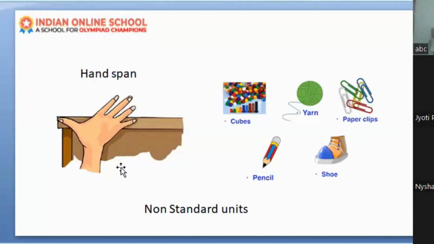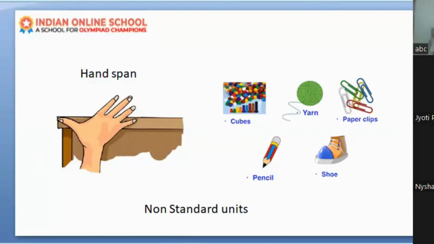Obviously, how come the people trust on this? Thirdly is what? It is inconvenient. How much time you will devote in measuring like this? So three things why non-standard unit we are not using now: not globally accepted, inconvenient, as well as not providing an accurate measurement.